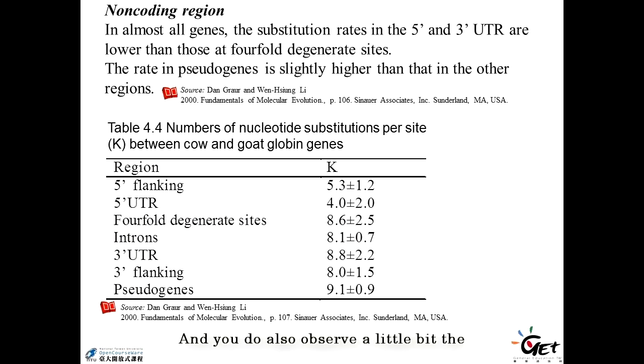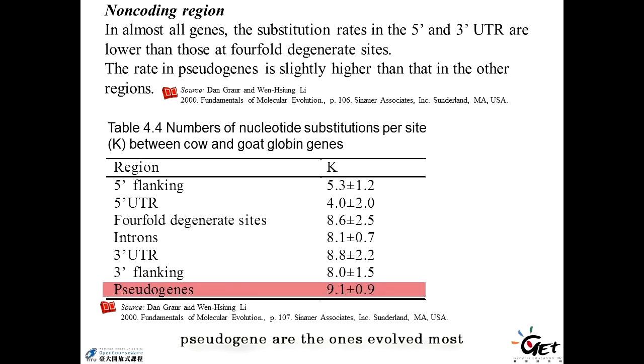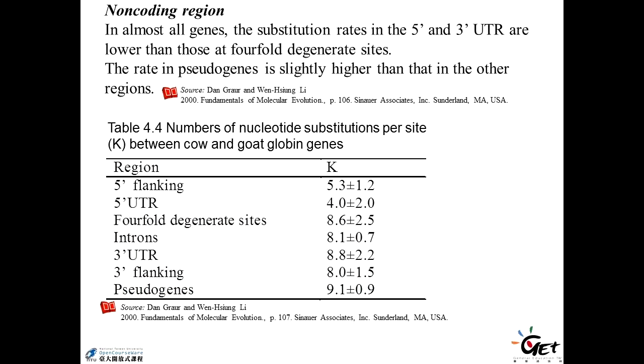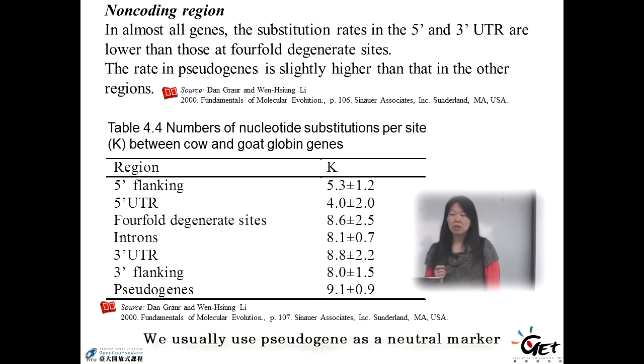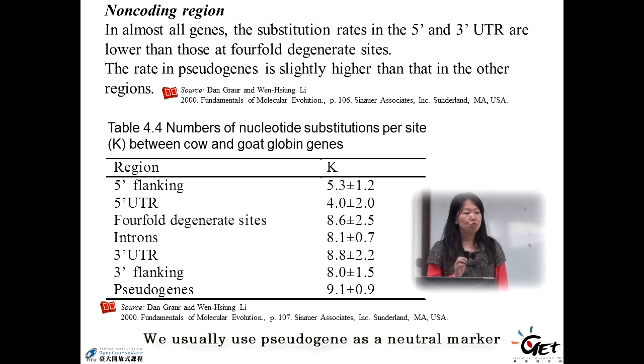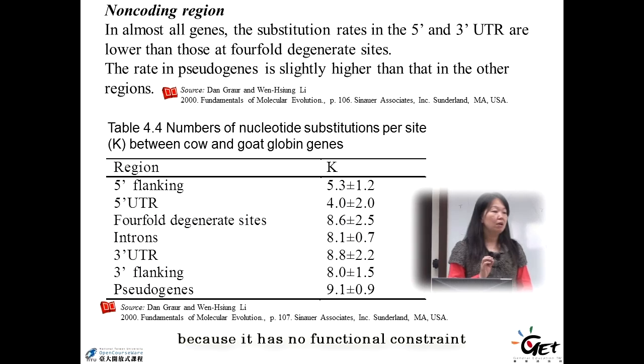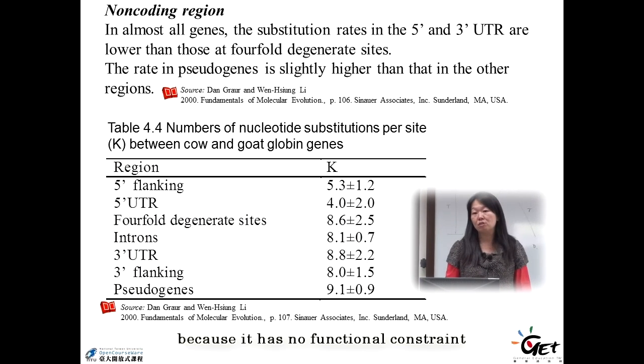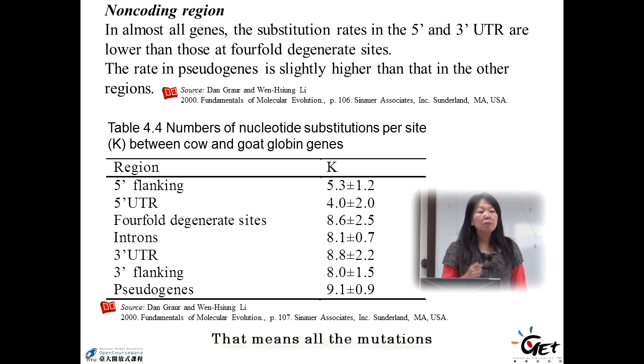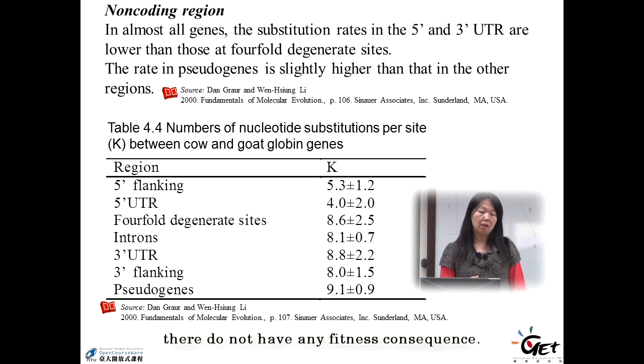You also observe that the pseudogenes are the ones that evolved most rapidly in this case. We usually use pseudogene as a neutral marker because it has no functional constraint. That means all the mutations there do not have any fitness consequence.